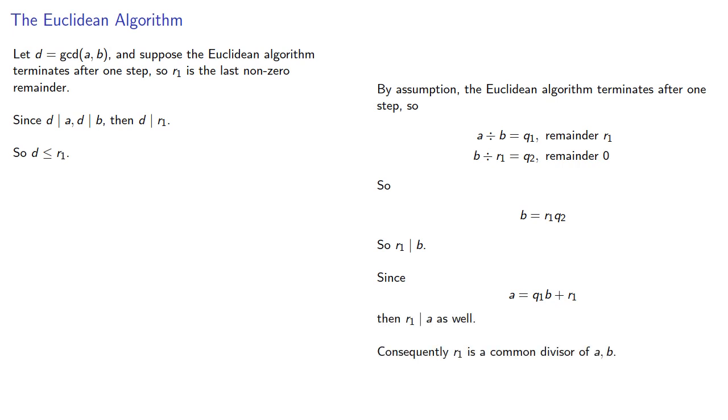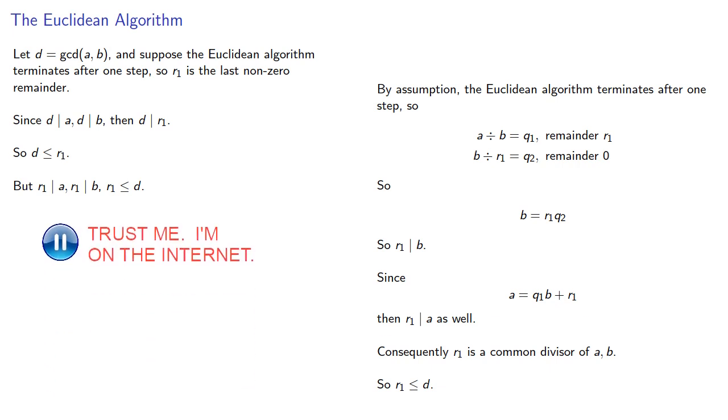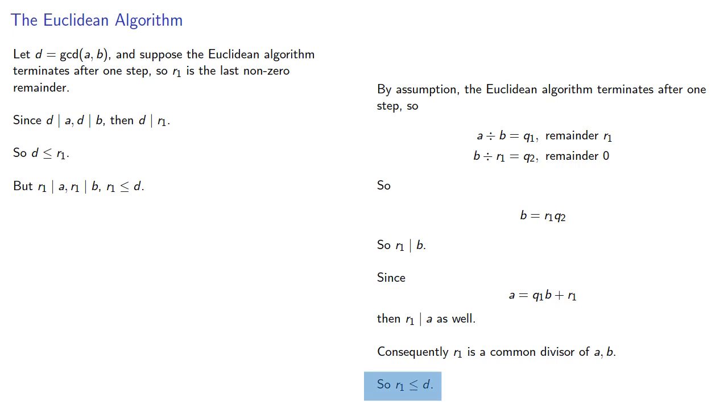Consequently, R1 is a common divisor of A and B, so R1 has to be less than or equal to the greatest common divisor. In other words, R1 has to be less than or equal to D. Well, since D is less than or equal to R1, and R1 is less than or equal to D, then R1 has to be equal to D, which establishes the base step that the remainder, if we stop after one step, is the greatest common divisor.